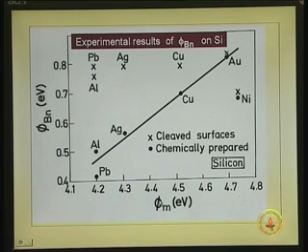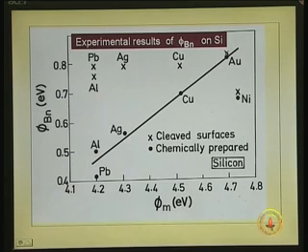On the x axis you have phi m, Schottky barriers made on n type silicon substrate. What we should have expected is phi m minus chi. If it is 4.2, for silicon chi is 4.05, so what you should have got would have been 0.15.